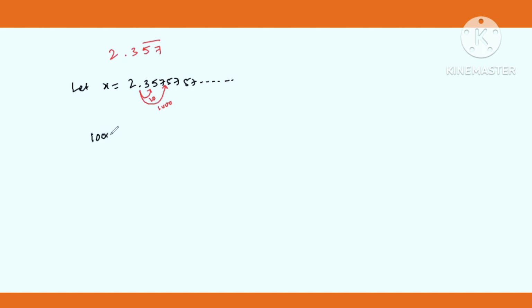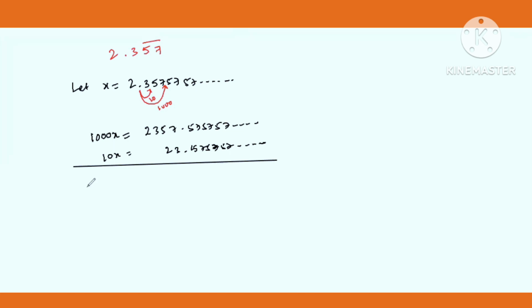1000x equal to 2357.575757. Multiply with 10, we get 10x equal to 23.575757. We have to subtract them.